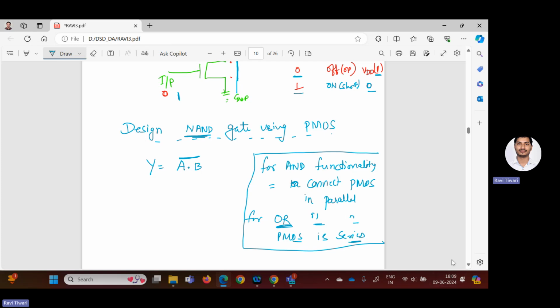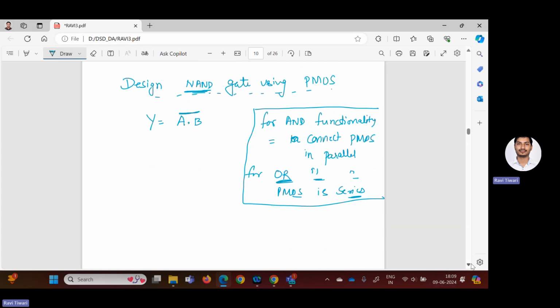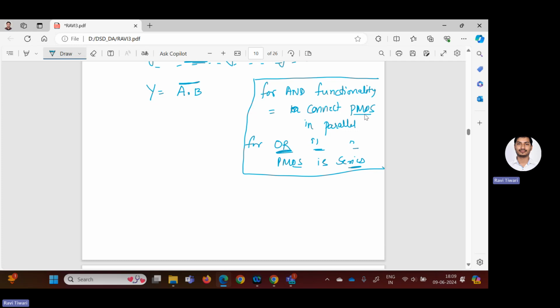So now, as we can see in the expression, we require this AND operation, right? And this bar is already there in PMOS because PMOS is our inverter, right? So here we have to connect the PMOS in parallel. So here I'm drawing two PMOSes in parallel like this.